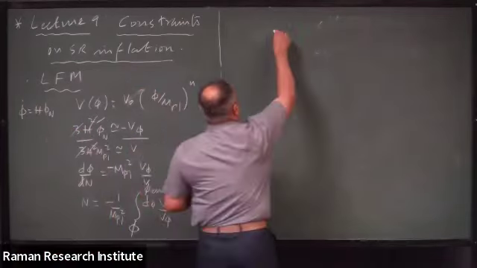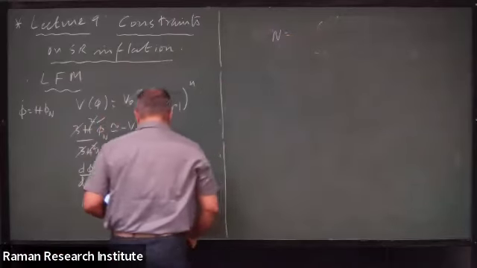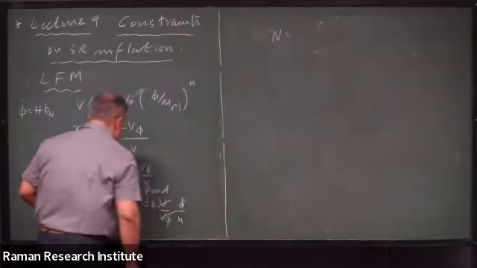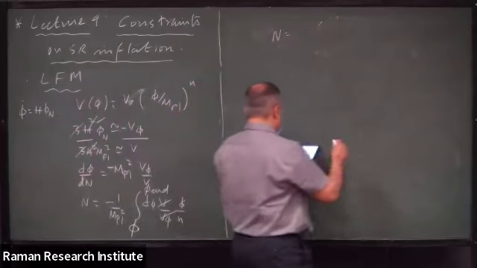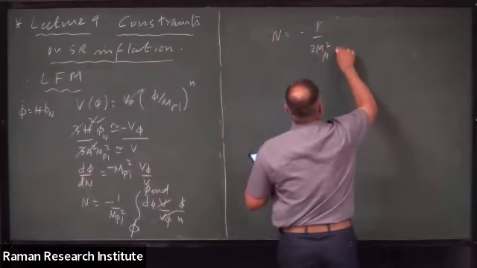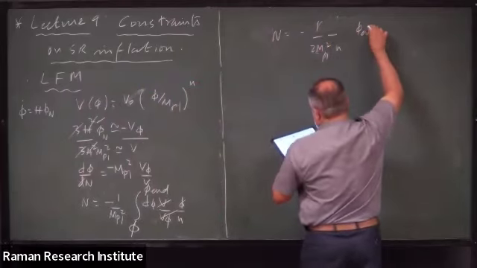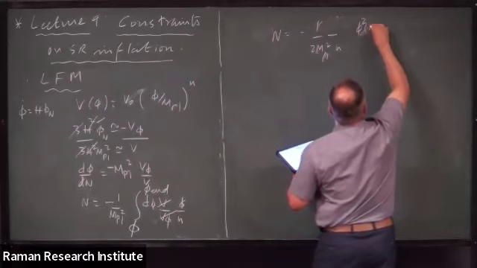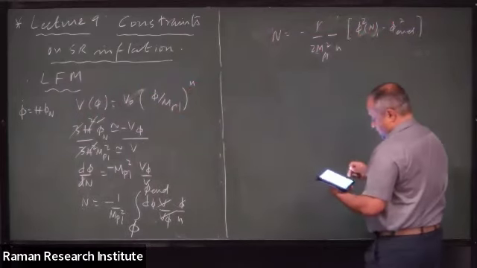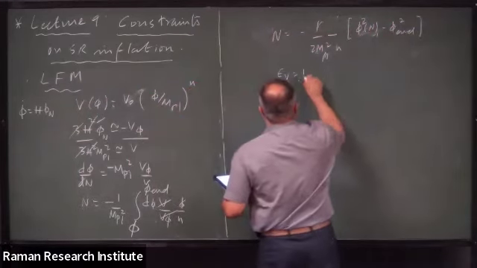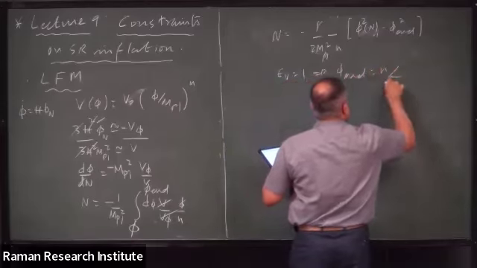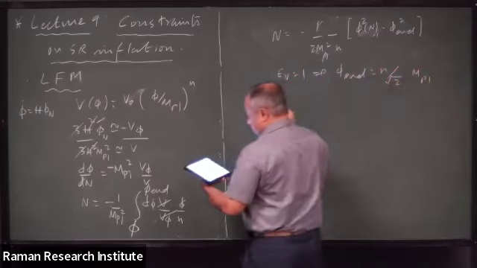So I can write N as essentially, in this case, V by V_phi is phi by n. So upon integration, I will get N equal to minus 1 over 2 mpl squared times (phi squared minus phi_end squared). Okay, right? And epsilon_V equal to 1 implies, we had shown this earlier, if I recall correct, phi_end equal to n by root 2 mpl. If not, it's straightforward to show.